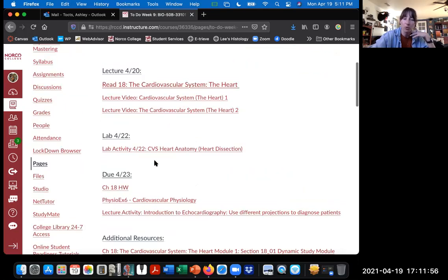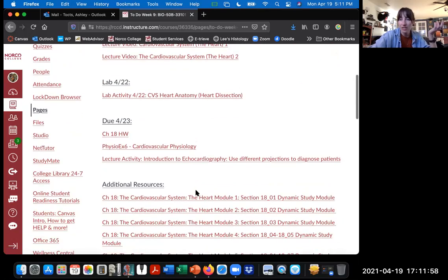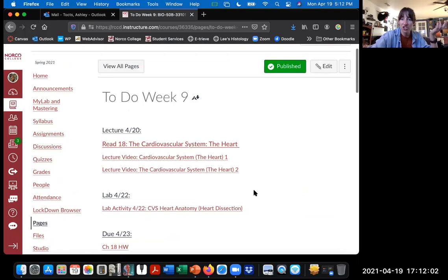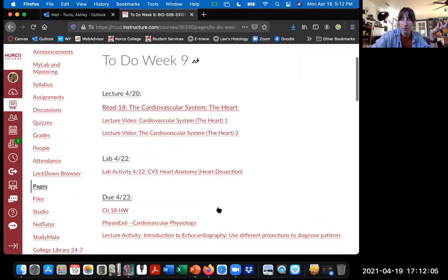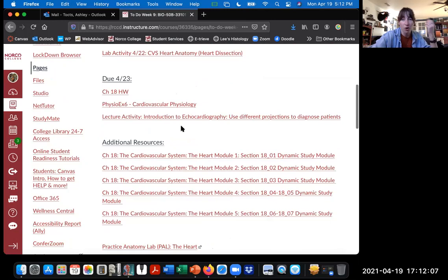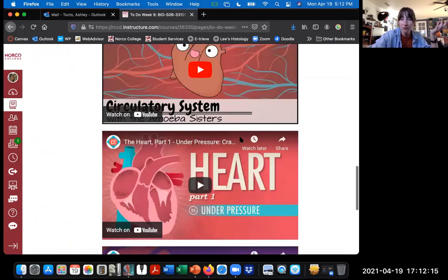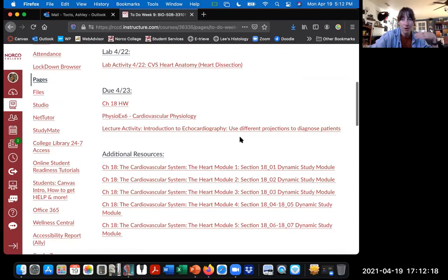If you do this in order, your to-do list, as long as you do it all, you'll be good. Just do it in chunks, and you can do it in whatever order you think is best. I would save the homework until after you've done some other things so that you don't bomb the homework. But other than that, start wherever it feels good. Put a timer on for an hour.